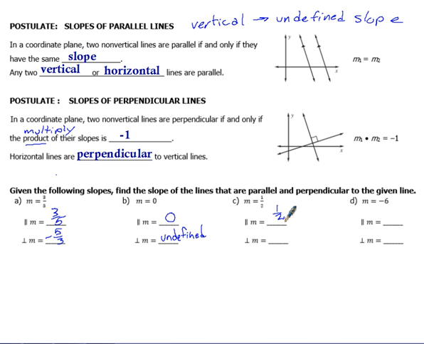Perpendicular to 1/2 would be -2, or -2 over 1, but we typically don't leave it like that. We just write it as -2. Flip it and change the sign. And then the last one here, -6, parallel slope, -6. And then as an opposite reciprocal of -6, that becomes 1/6, positive 1/6.